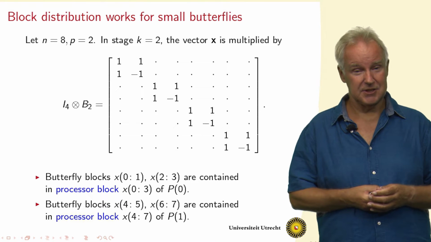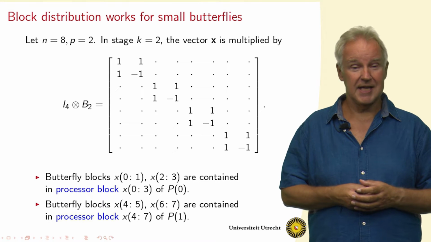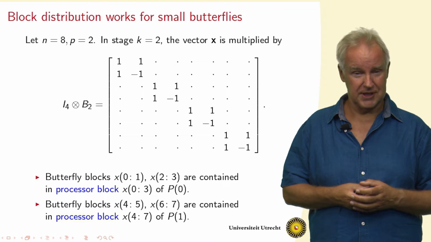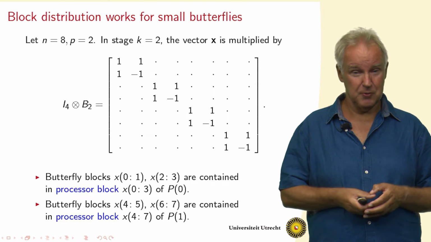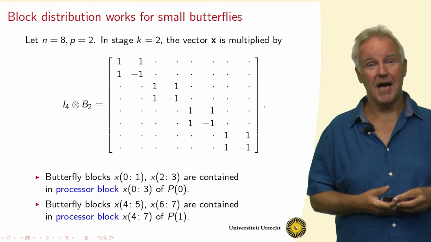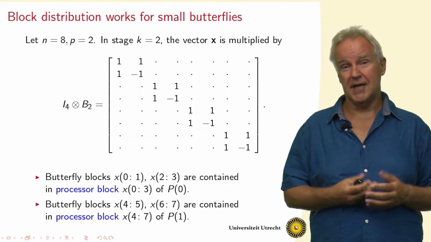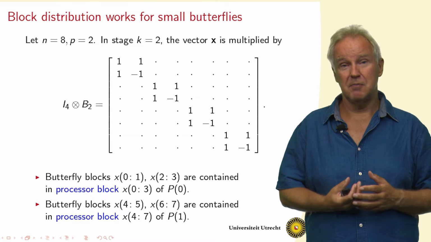Here we see this in terms of matrices. If we take n equals 8 and we have 2 processors, then in stage k equals 2, we multiply the vector x by I4 times B2. And B2 is actually a 2 by 2 matrix with 1, 1, 1, minus 1.